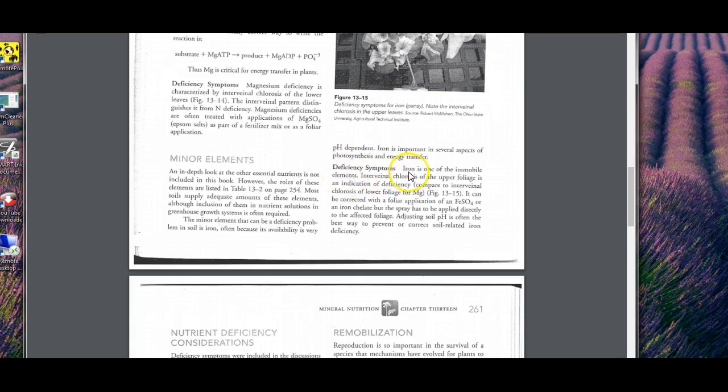Iron is one of the immobile elements. It shows interveinal chlorosis, just like what we saw with magnesium. But let's compare. Magnesium is interveinal chlorosis of the lower leaves, and iron is interveinal chlorosis of the upper foliage.